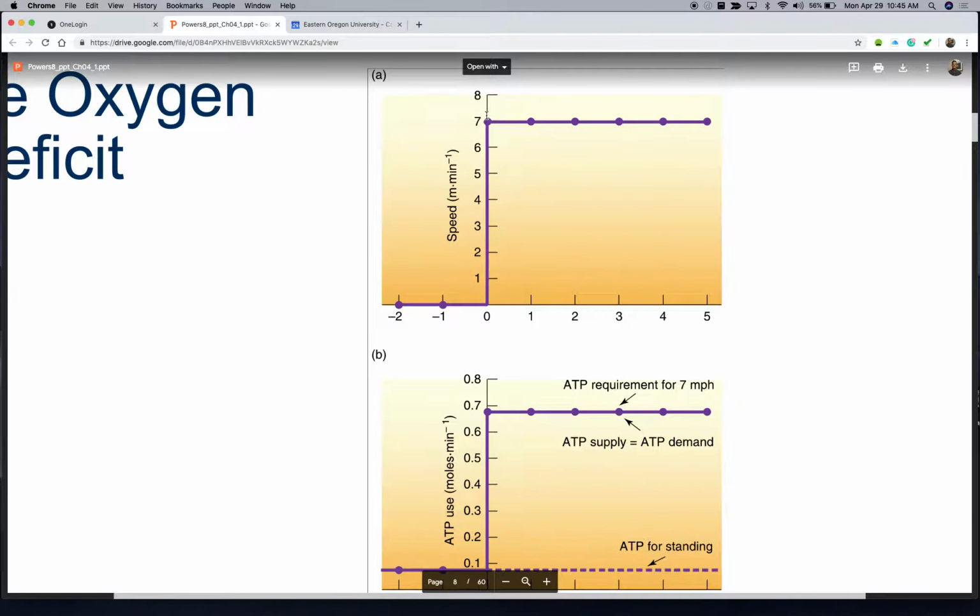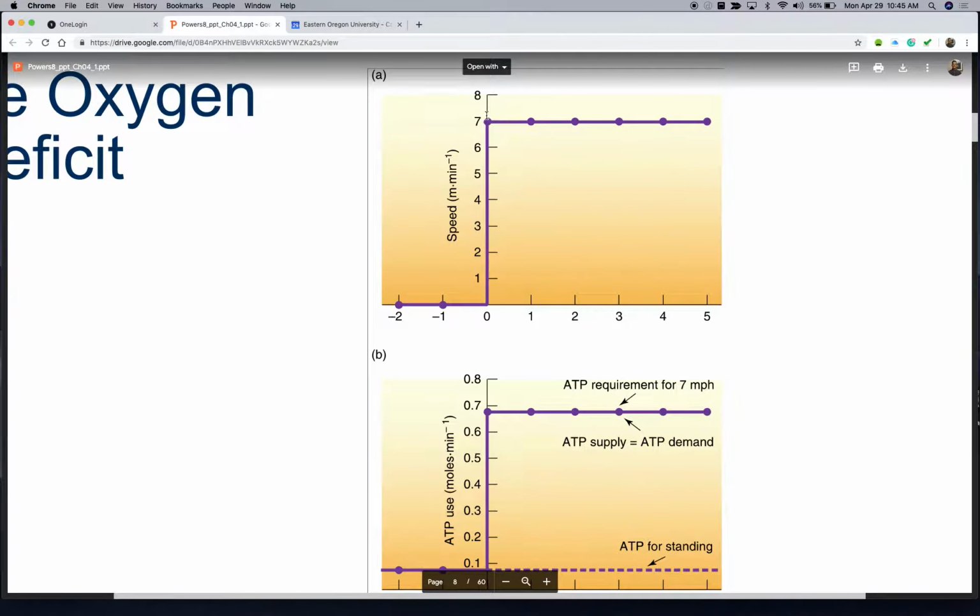Now, there is a certain amount of ATP that is required to meet that work demand, okay? And I may be capable of meeting that work demand through oxidative means, but I don't have the oxygen in the system to meet that work demand immediately when I go from 0 to 7 meters per minute.